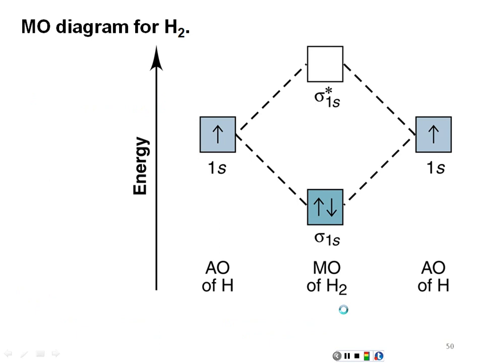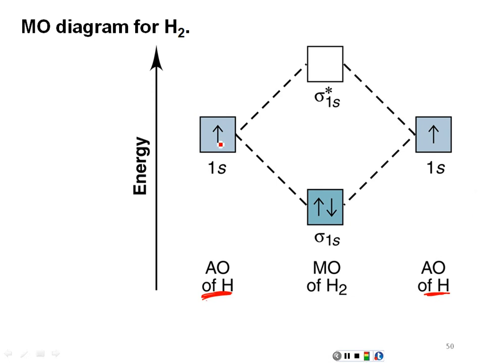So let's look at a molecular orbital diagram. Again, the simplest molecule we can come up with is H2. An important part to realize on a molecular orbital diagram is that, starting on the outsides, the left and the right, you see the 1s atomic orbital for each hydrogen in the molecule.